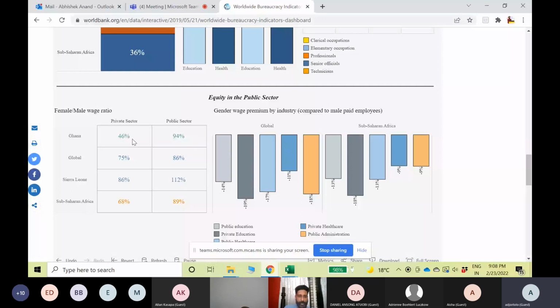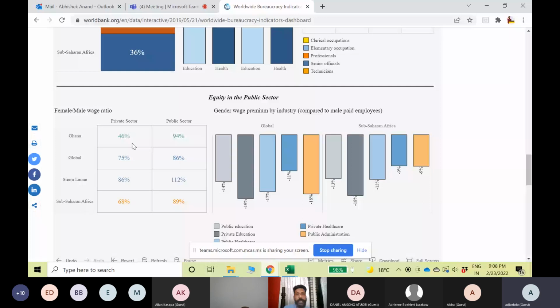That's worse than any other number you see here. The global average is around 75%. Sierra Leone does very well, 86%. Sub-Saharan Africa as a group also does pretty well, 68%. But this is one area where Ghana fares badly, worse than all other comparison groups. The wage rate for females in the private sector is on average only 46% of their male counterparts.